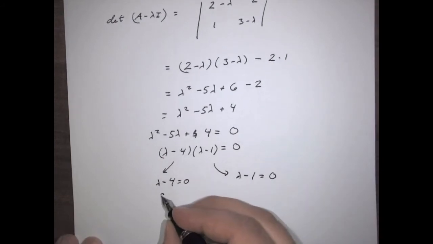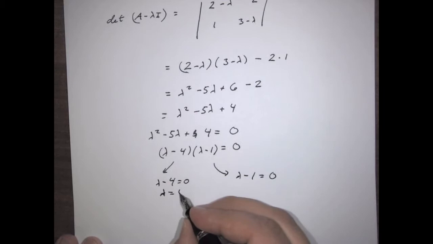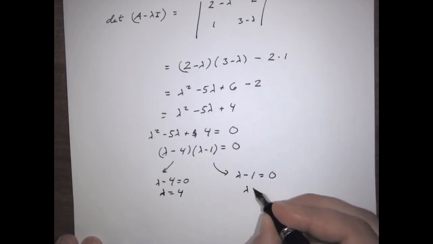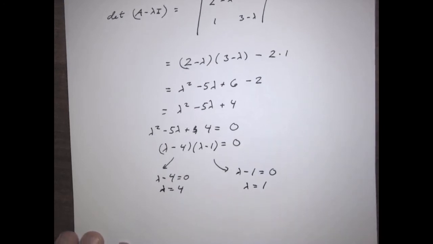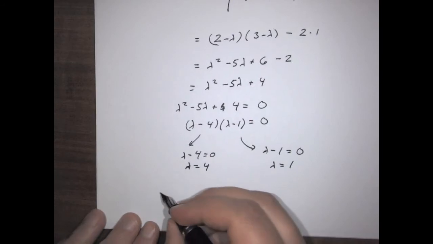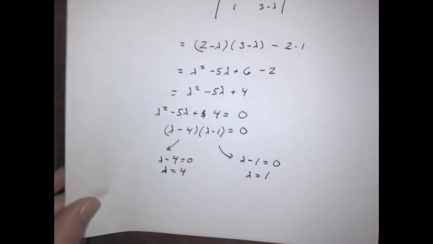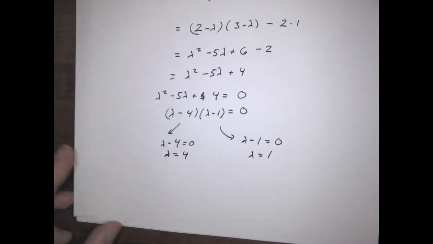So lambda equals 4, lambda equals 1. And then what we have to do is take these two cases individually and use those to find the associated eigenvectors. So let's start with the lambda equals 4 situation.